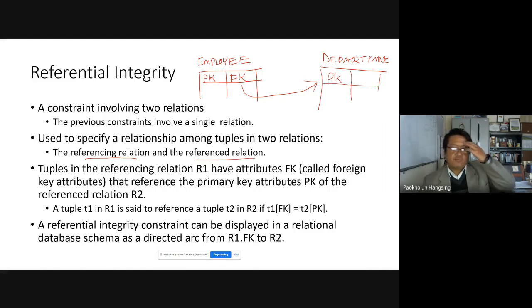Always remember, when I say relation, I'm talking about one table. Though it is not exactly appropriate to call it a table, I do so in order to make it simple. Now, a referential integrity constraint may be displayed in a relational database schema in the form of an arc. We'll come to that.